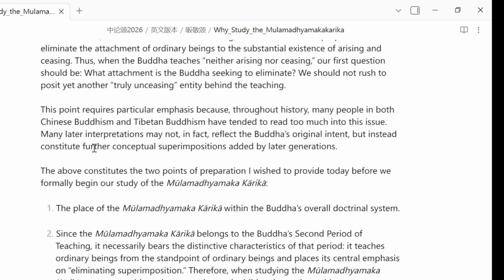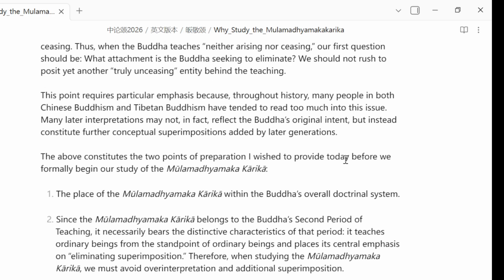Many later interpretations may not, in fact, reflect the Buddha's original intent, but instead constitute further conceptual superimpositions added by later generations.